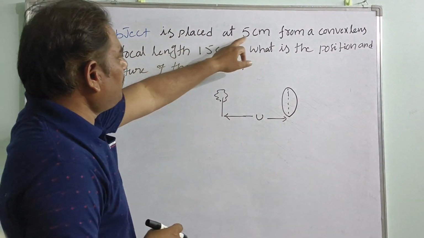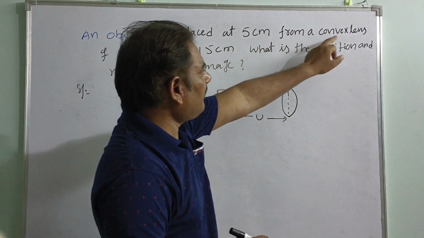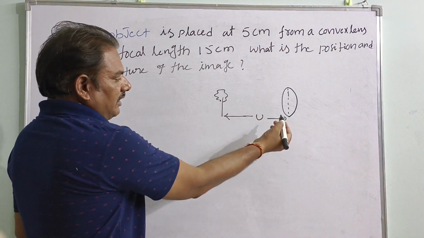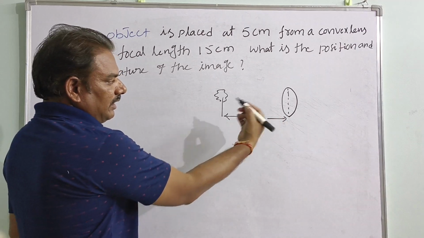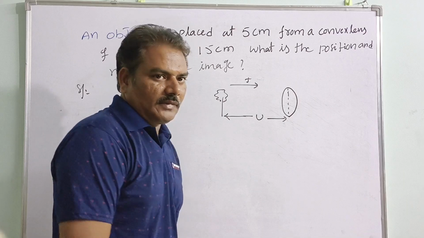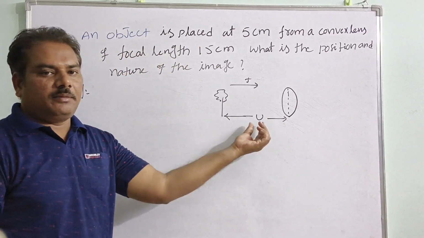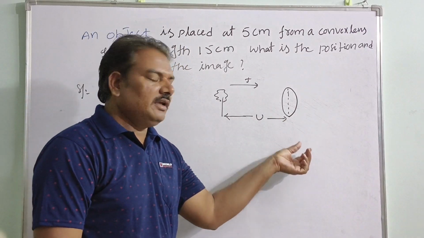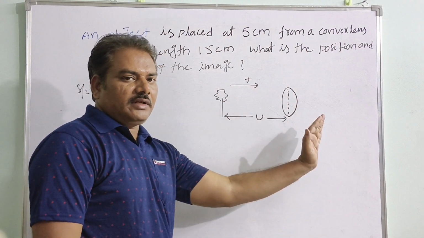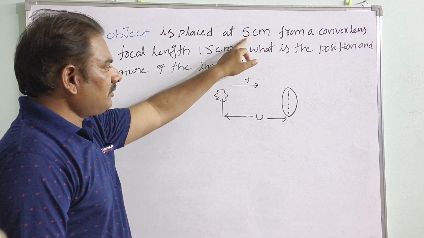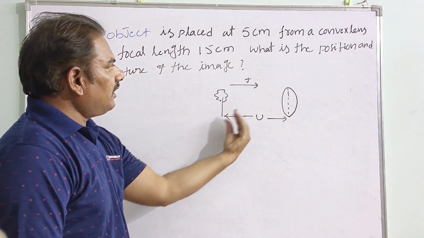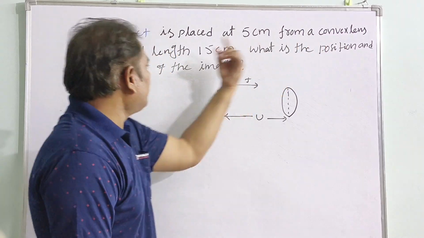The distances, that means u or v, are taken along the direction of incident light as positive. But now here the distance is taken from the convex lens.